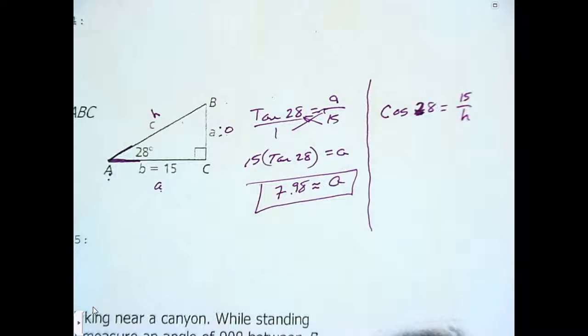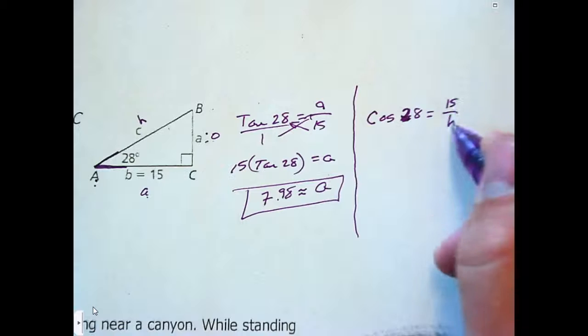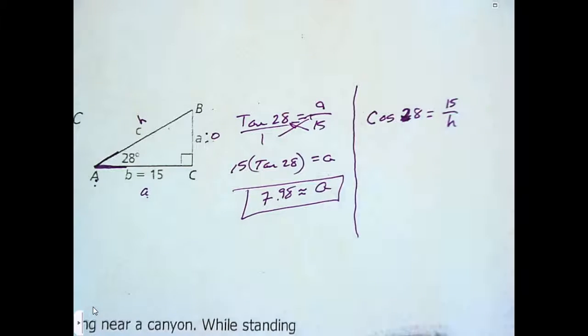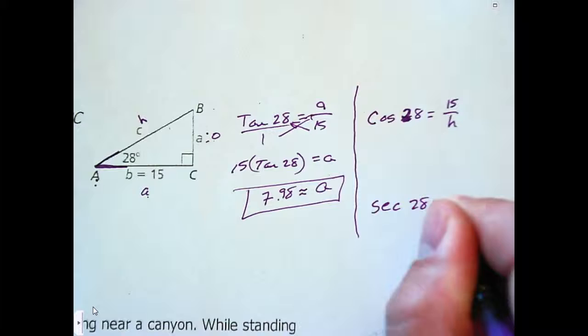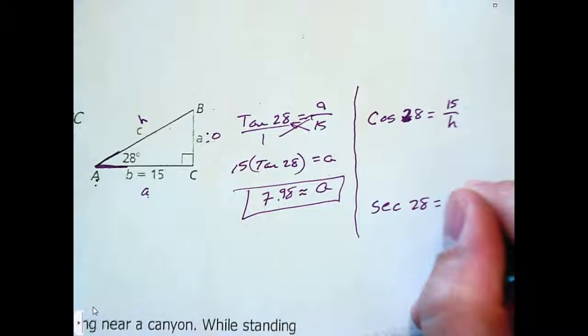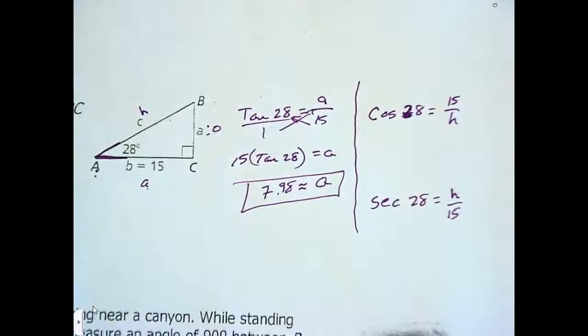Now some people don't like having the variable in the denominator because it adds an extra step. So if you wanted the variable on top, which function should you use? Which flips it? Secant. If you use secant of 28, then you have h over 15, and you save yourself a step.